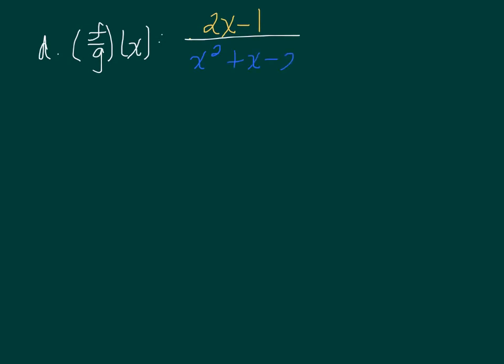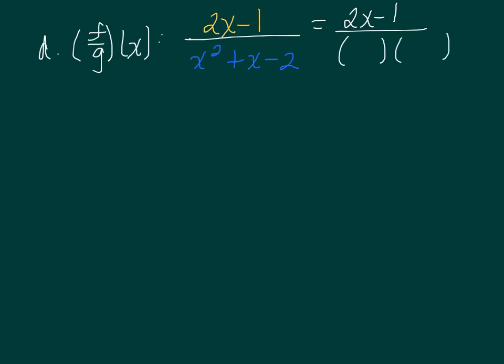Our last operation for example 1 is division. So I'm going to take 2x minus 1, because that's f of x, divided by x squared plus x minus 2. So here, in order to divide, you have to see if I can factor either the top or the bottom.